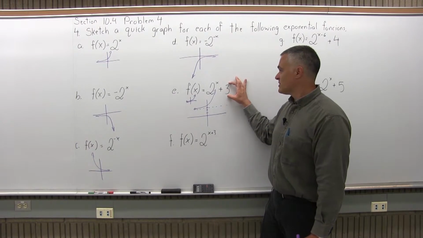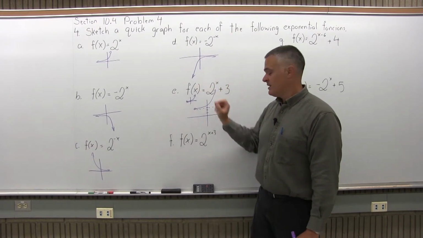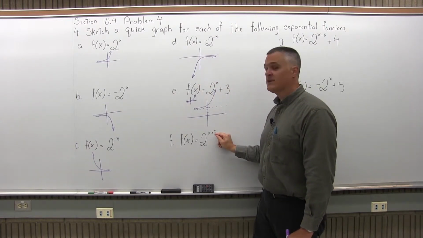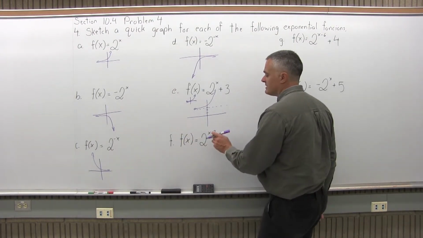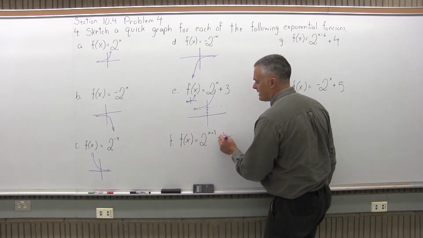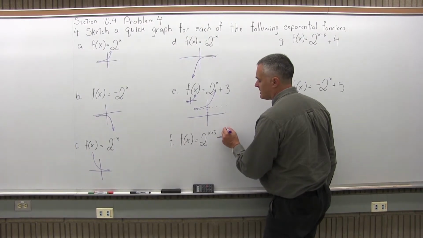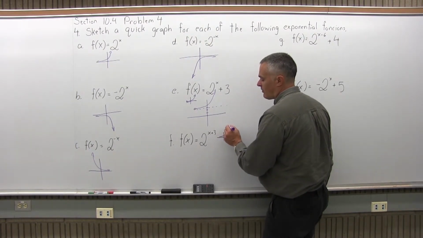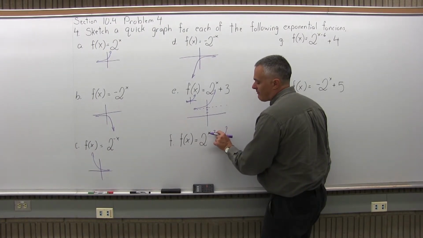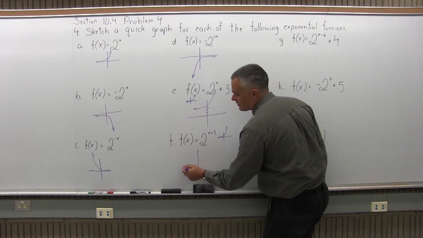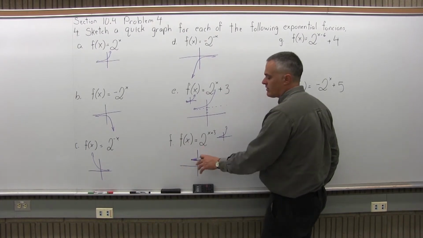For a vertical shift, my plus 3 went up by 3. In the horizontal shift, the plus 3 is actually going to pull it backwards by 3. So again, start with our regular 2 to the x that we had in part A with the big end in the upper right. And now I'm going to pull everything back by 3. So now I'll start with my Cartesian coordinate graph.